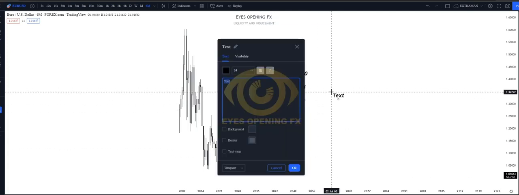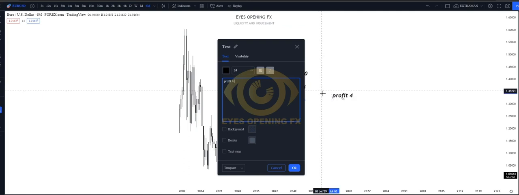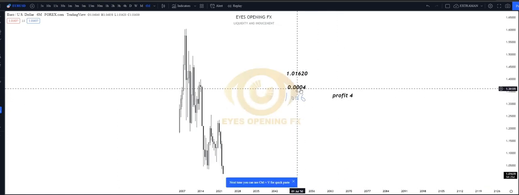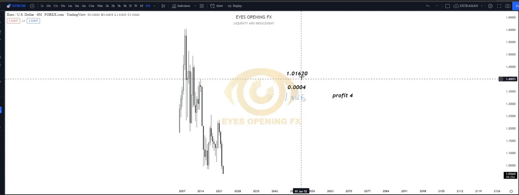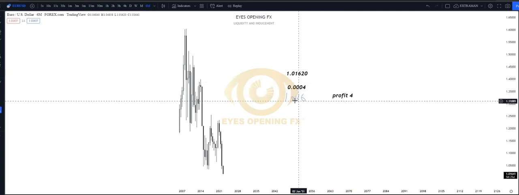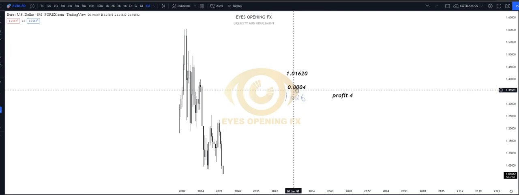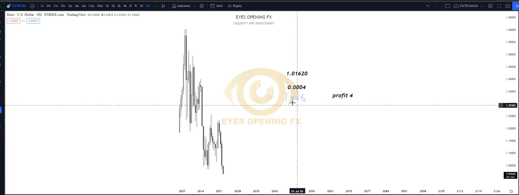Your profit here is 4 pips. Adding the 0.0004 profit to this one, the number becomes this. This is the actual value of your profit.